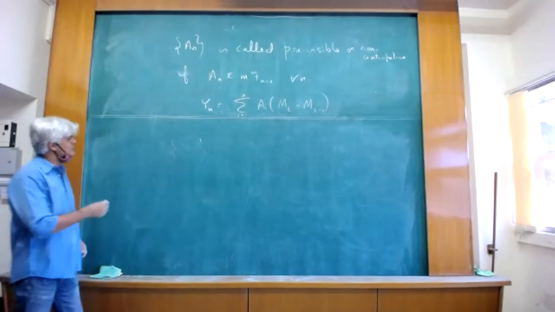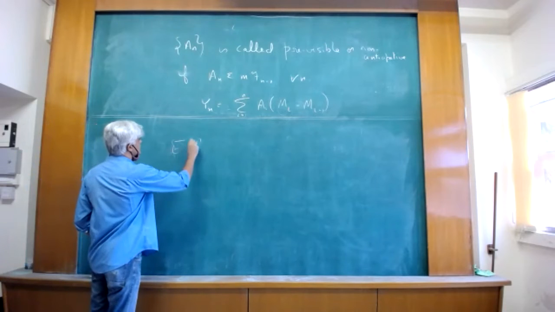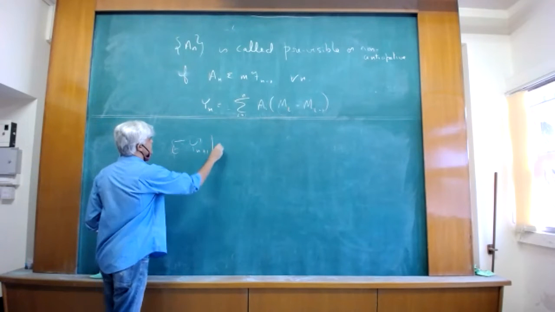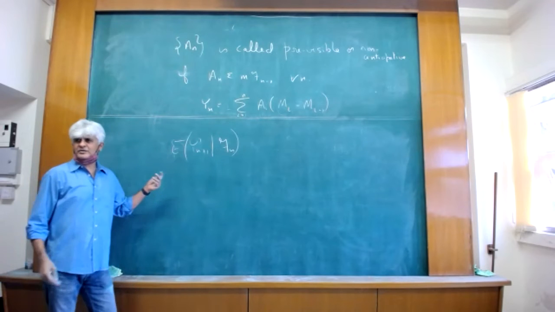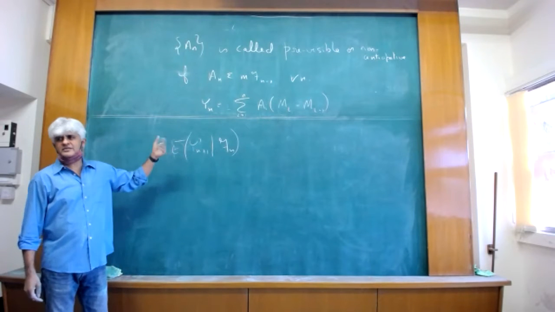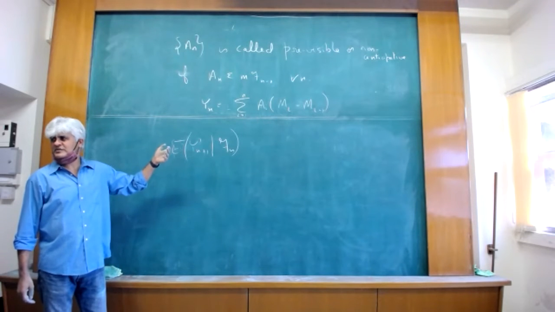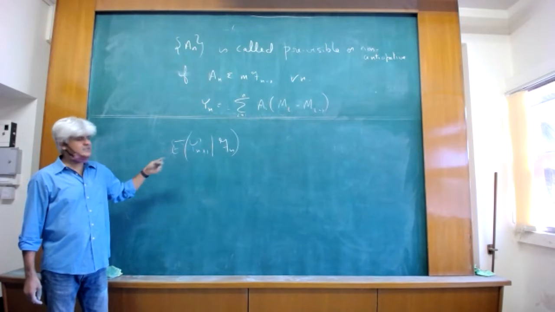Okay, so this Yn we want to show is a martingale given Fn. Fn is a sigma algebra such that Mn is adapted to it and A_i is predictable with respect to it. So why is this a martingale?